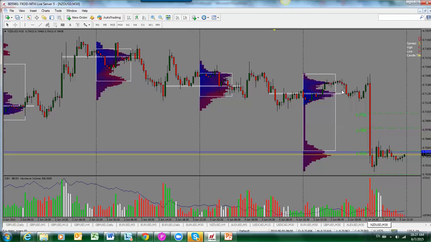If we talk in terms of offers and bids, let's look at the buying, for example. If we have more buyers, price is moving up. As the price is moving up, it's because more buyers are coming into the market and pushing the price up.